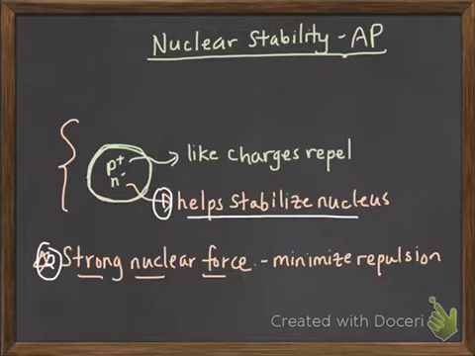And one more thing we can consider for nuclear stability, I'm going to change the slide here, is something known as a neutron to proton ratio.